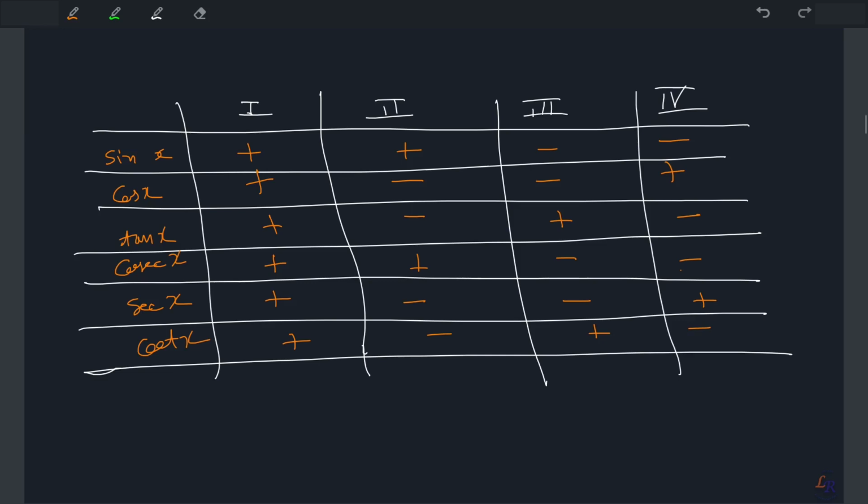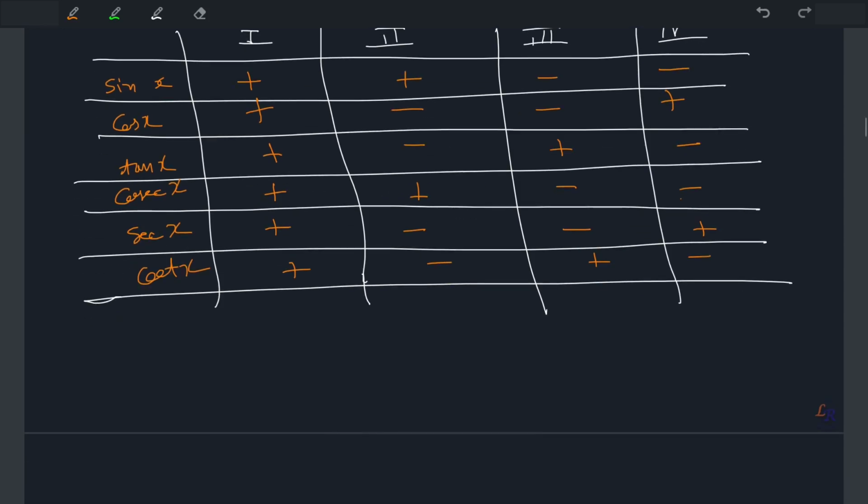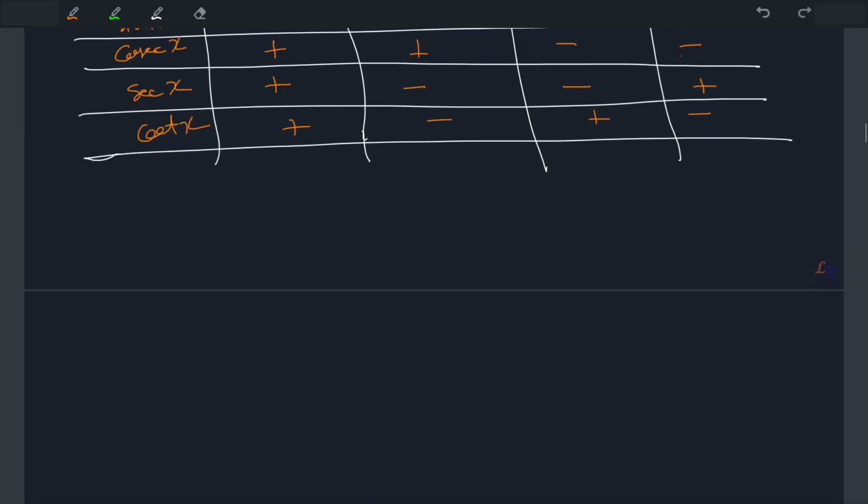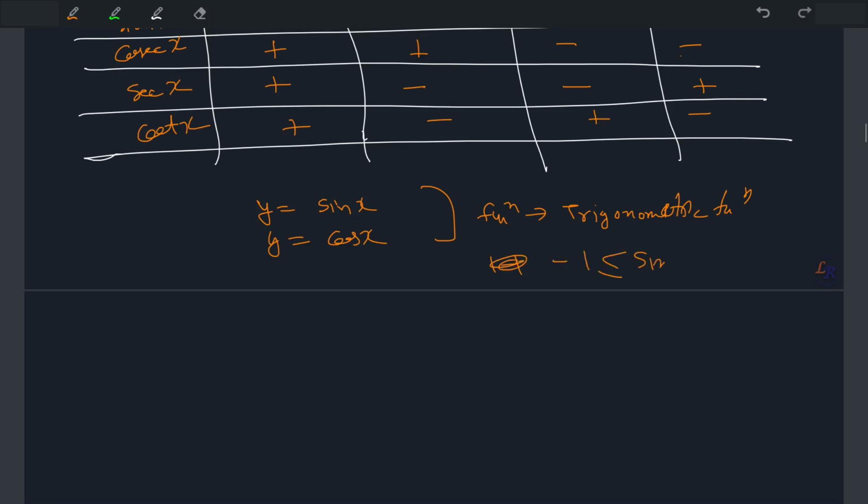Now talking about the domain and range of trigonometric functions. If you write y is equal to sin x, or y is equal to cos x, these are what we call trigonometric functions, and the values lie from -1 less than or equal to sin x, less than or equal to +1.